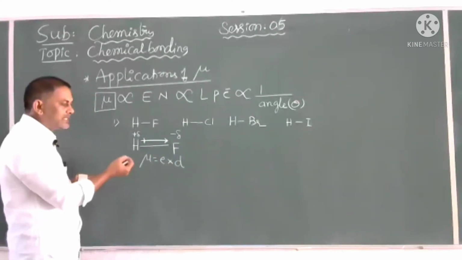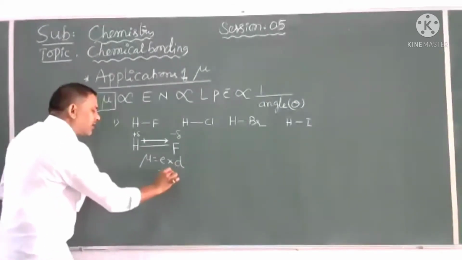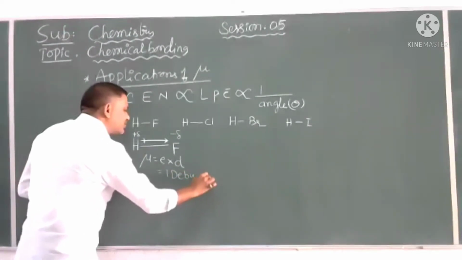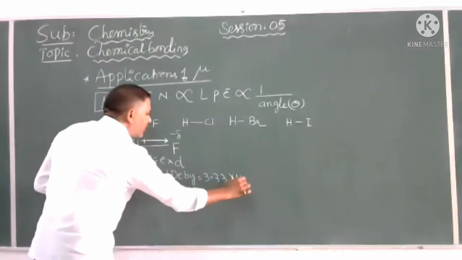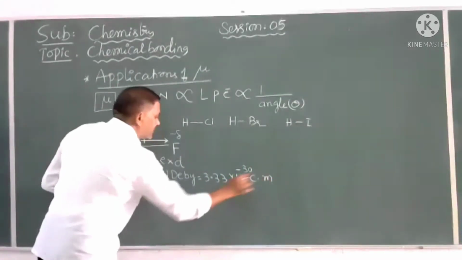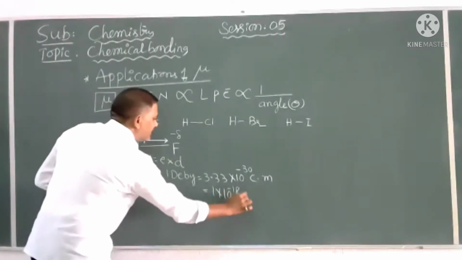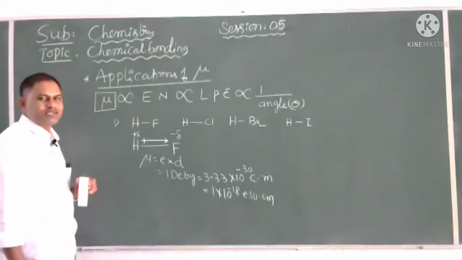How to calculate the distance was explained. Now the unit is the debye. Here 1 debye equals 3.33 into 10 to the power minus 30 coulomb meter, which equals 1 into 10 power minus 18 esu centimeter, where esu means electrostatic units.